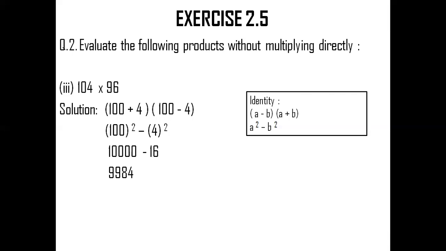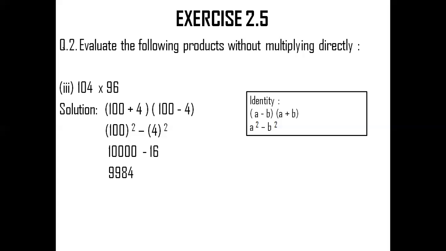But then at the same time, I can also write 104 as 100 plus 4 and 96 as 100 minus 4. Now, if you could see, once I write it in that form, the first and the second term for both the brackets remains the same. But then there is a change in sign.